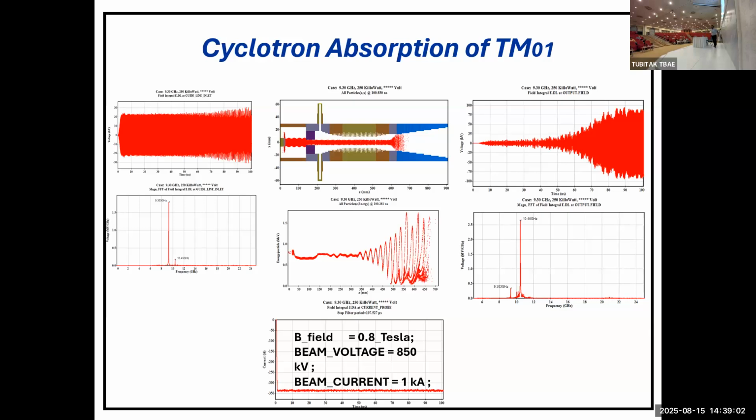Okay, so maybe I walk you through these figures, all from MAGIC. I did not do a good job showing all the numbers, but basically here is the RF signal at the input, and this is the RF signal at the output.